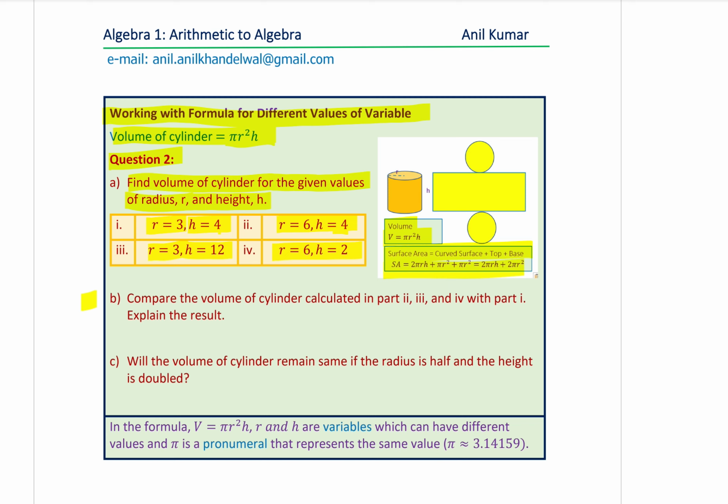Right? Is it proportional or what? Correct. That is what you need to observe and then write. Part C is a question for you. Will the volume of cylinder remain same if the radius is half and the height is double? That's the question. Yes or no? Explain.